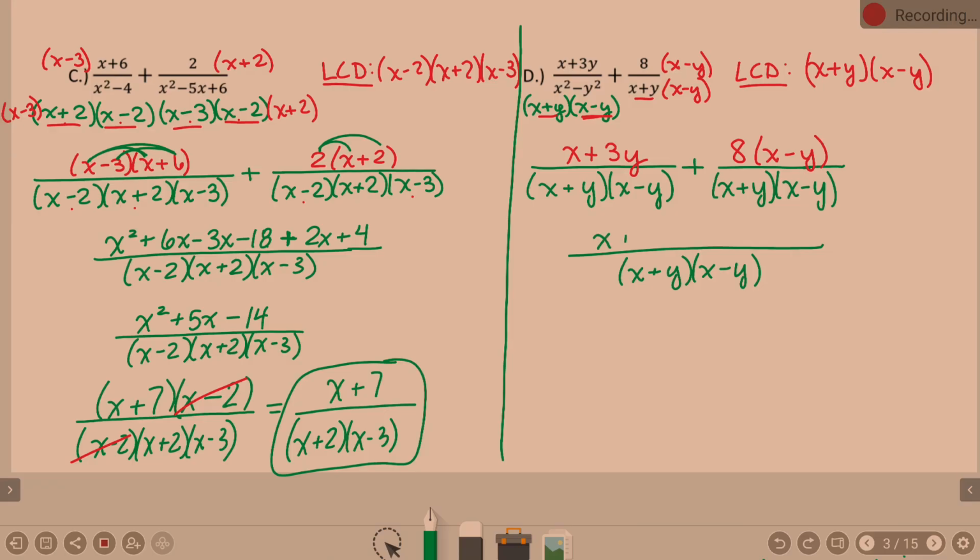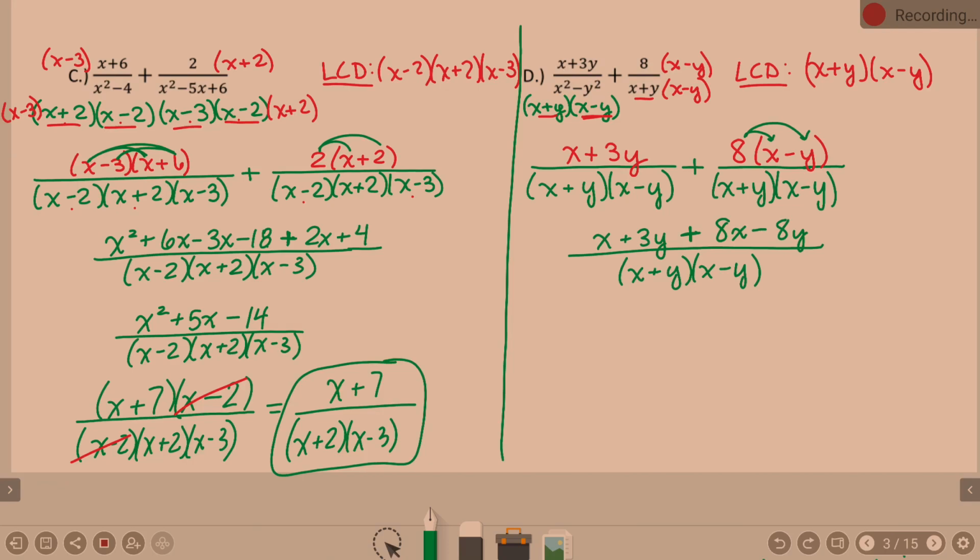We know we have x plus 3y. Note, this is a plus sign. Always pay attention. And what do you know about 8 times x minus y? Distribute, and it is plus 8x minus 8y.